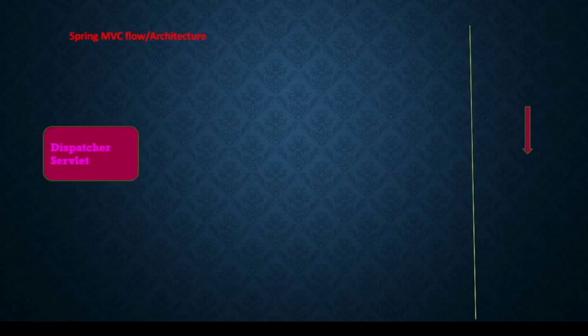Now I will explain how exactly a typical Spring MVC application flows, from the request point of view until getting the response back. I will explain in detail. Please focus. So what happens in Spring? There is a dispatcher servlet.